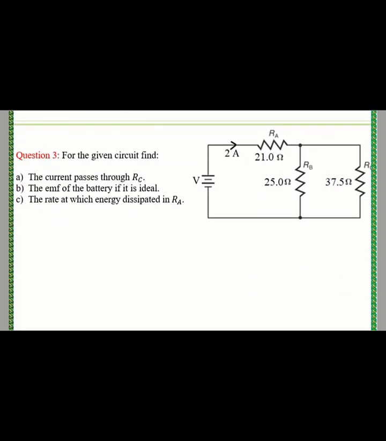Question number 3. For the given circuit, find the current that passes through RC, the EMF of the battery if it's ideal, and the rate at which energy is dissipated. Here, we need to find the current through RB and RC and solve the question.